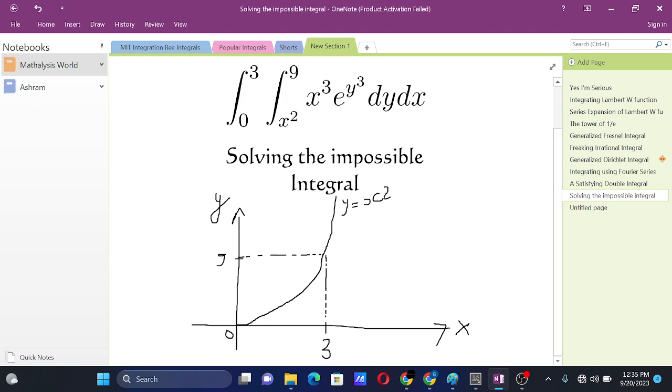This is the area that the limits of integration are showing.